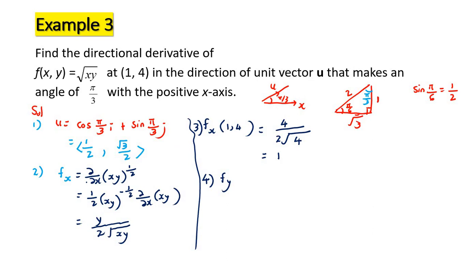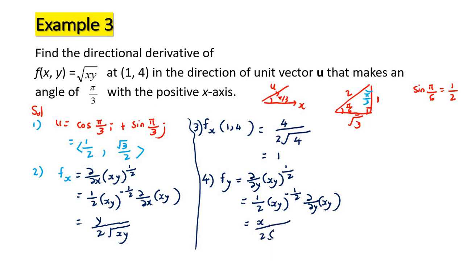So for fy, we just replace del x here by del y. Del y of (xy) to the power half. So you have half, (xy) to the power half minus 1 becomes minus half, and then del y of xy where x is constant, so we have x over 2, and the negative half power becomes square root of xy.